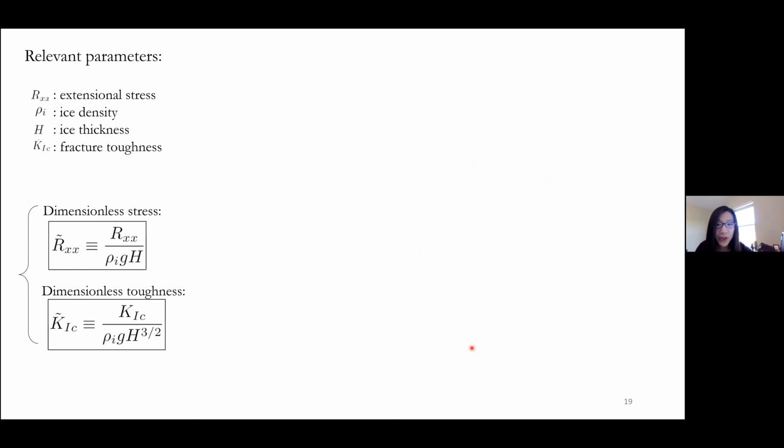Okay, so now it's useful to quantify our result by non-dimensionalizing our equations. We obtain 2 different non-dimensional parameters that determine the crack stability: the dimensionless stress, which is the extensional stress rescaled by the overburden stresses of ice, and the dimensionless toughness.